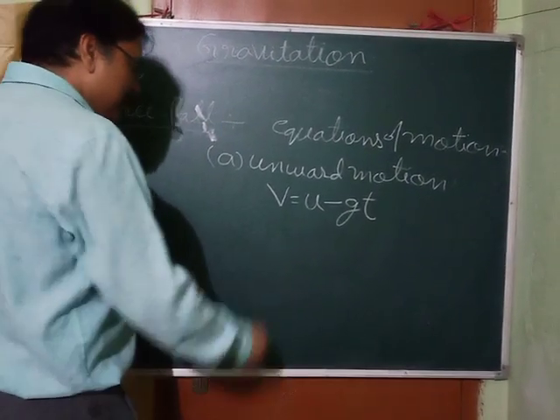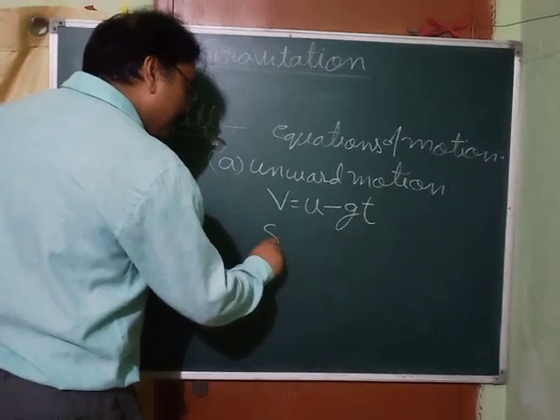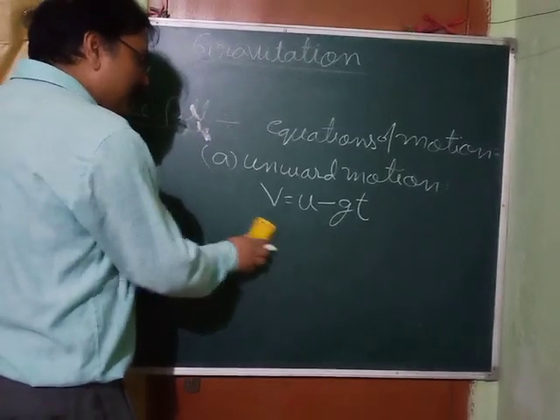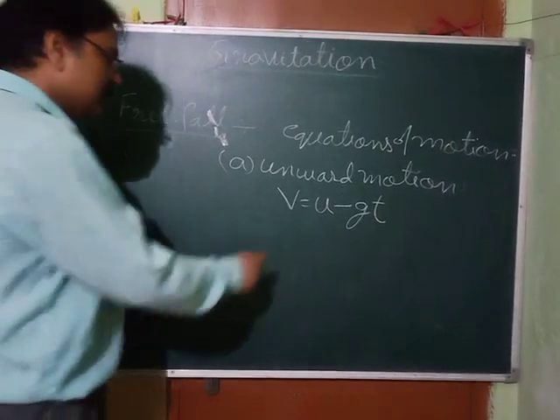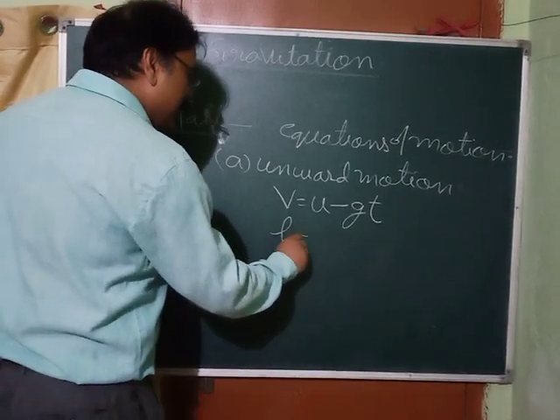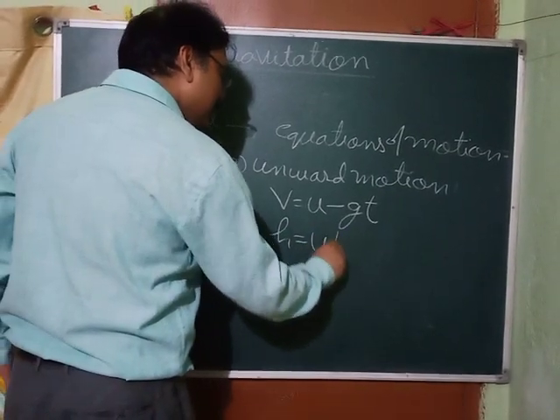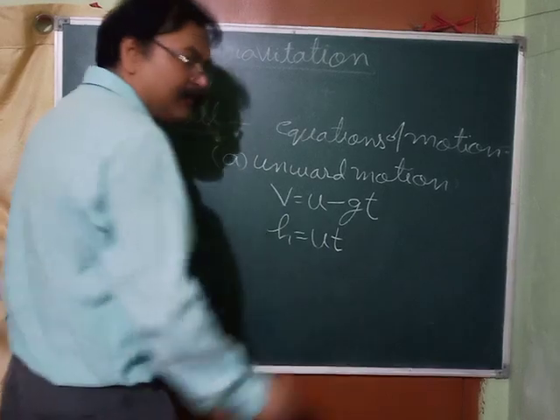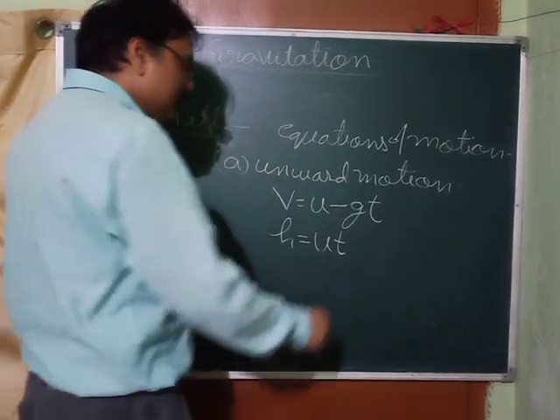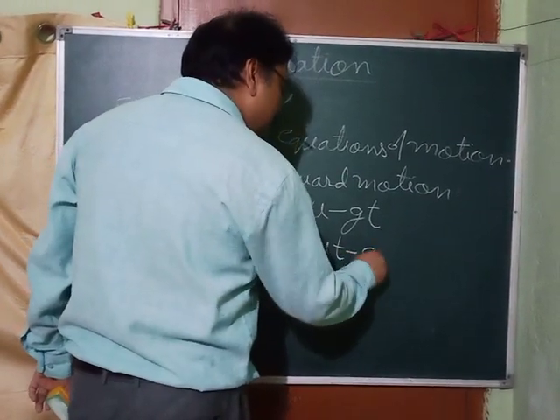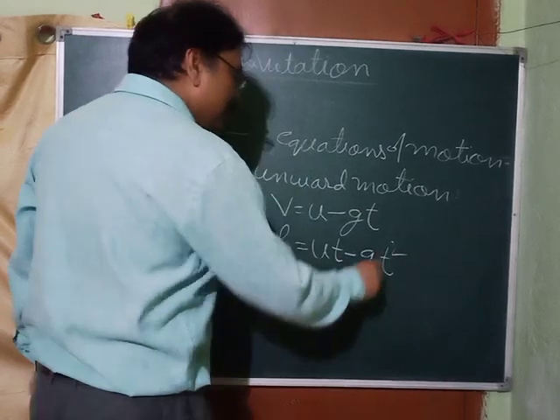Second was what? It was s. But here it's not covering distance, it is covering height. So instead of s, we will have h. h = ut + half at square. So instead of plus, we will get minus g, and t square as it is. Why?